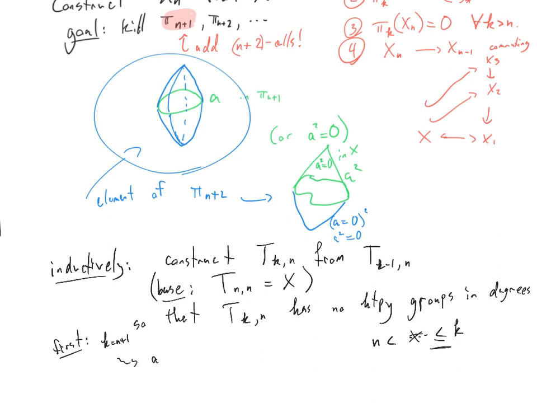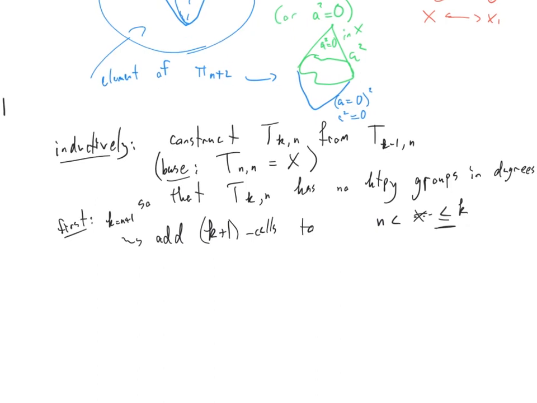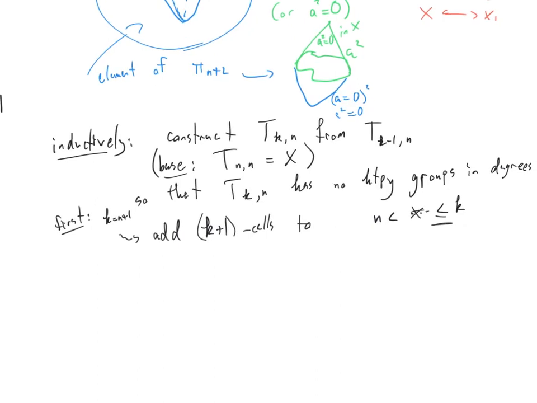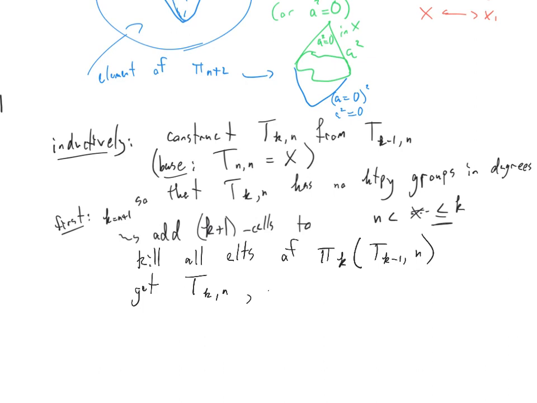So we add k plus 1 cells to kill all the elements of pi k of T k minus 1, comma, n. And then the new thing is going to be T k n, and you repeat.